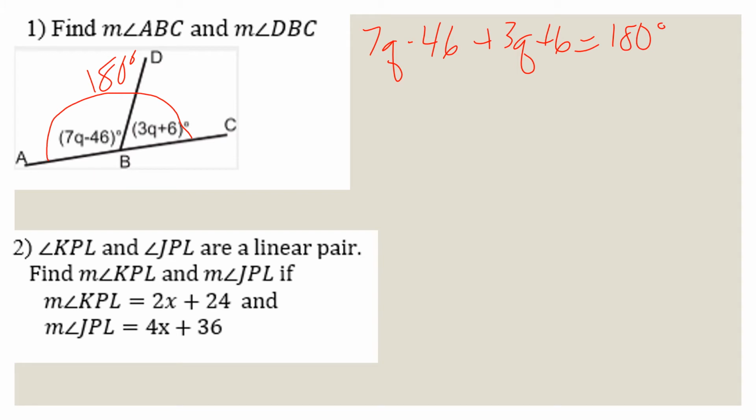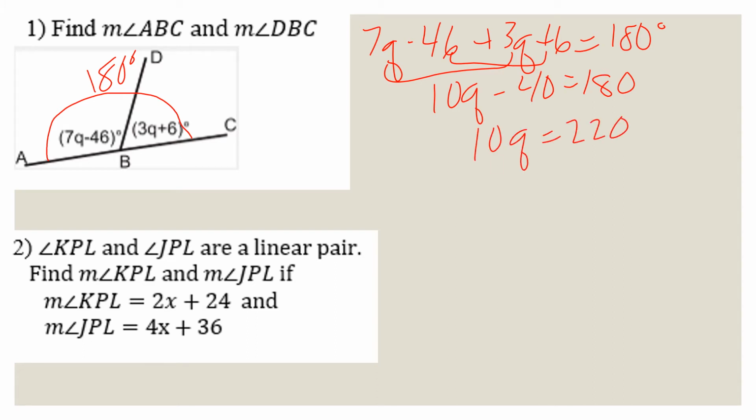And then we're just going to solve. So we get 10q minus 40 equals 180. Then we'll add the 40 to both sides, so we'd have 10q equals 220. And then you'd want to divide by 10, so you get q equals 22.